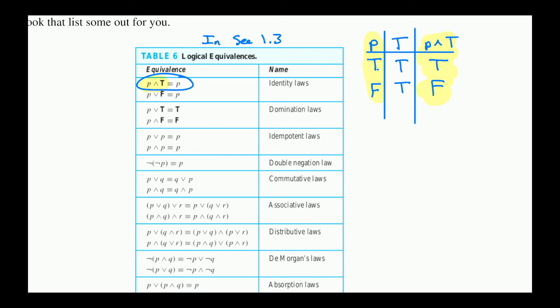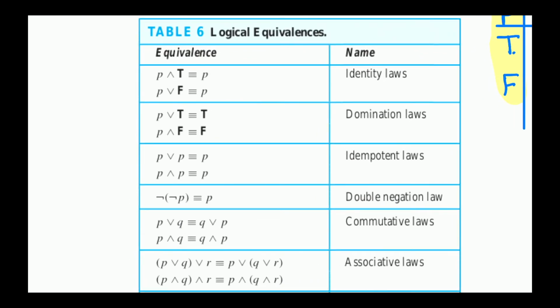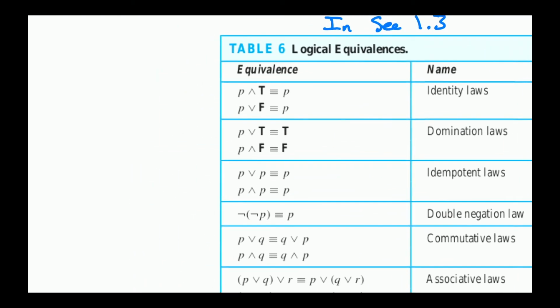You can make a little truth table for every one of these in this whole table, but I would not bother doing that. You just kind of want the rules. These are called identity laws because it's like multiplication. The equivalent in algebra is like if you do x times 1, you get x, right?